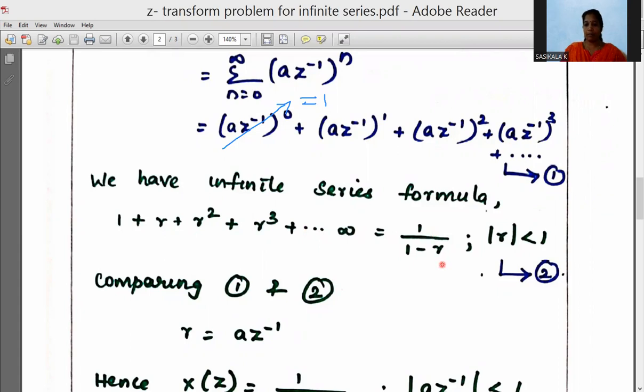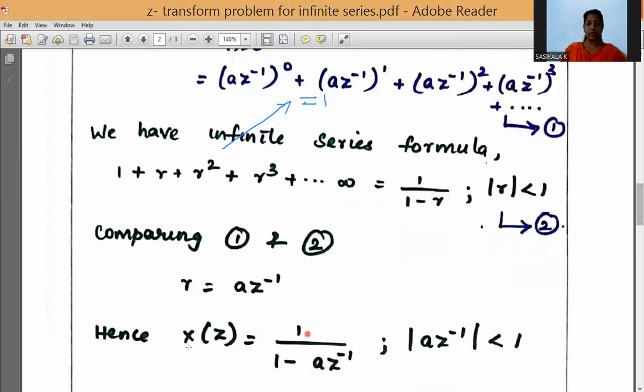The formula is 1 by 1 minus r. So when you compare equation number 1 and 2, we can conclude that this r term is equal to a z inverse. Wherever you have r, you have to substitute a z inverse.